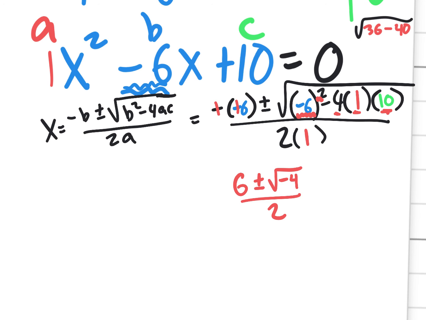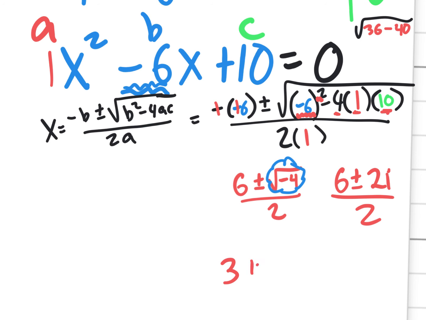And the square root of -4 is really what? 2i, that's right. So we really have 6 plus minus 2i over 2. And you could technically reduce all 3 terms by 2, or you could separate the division of 2 on each of them. Either way, you're going to get your final answer, 3 plus or minus 1i.